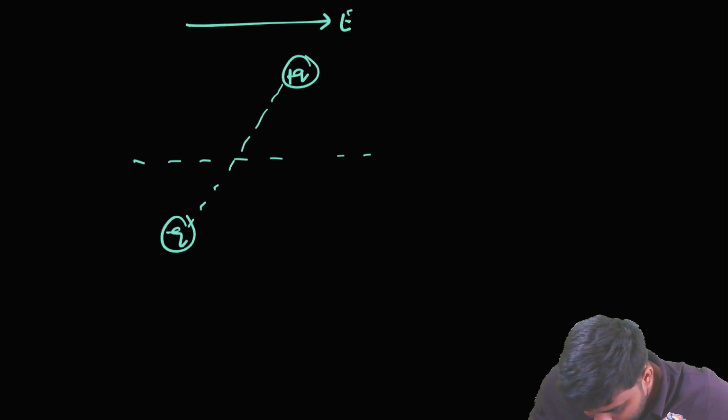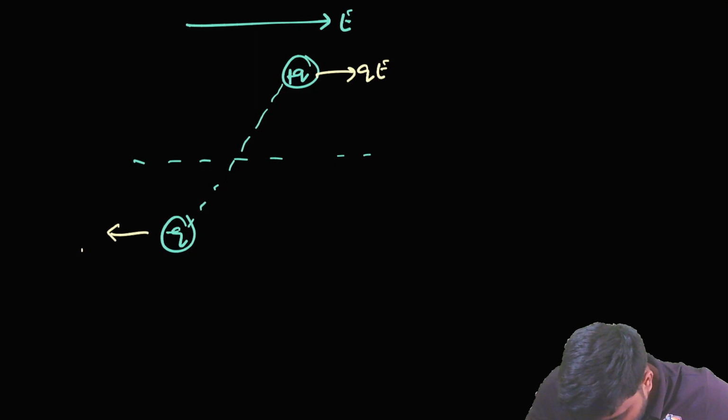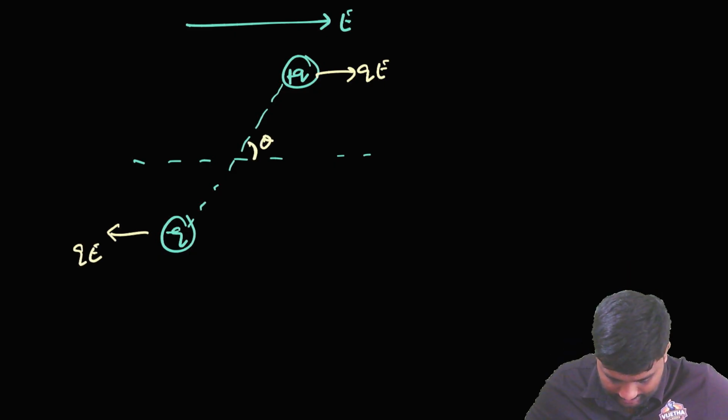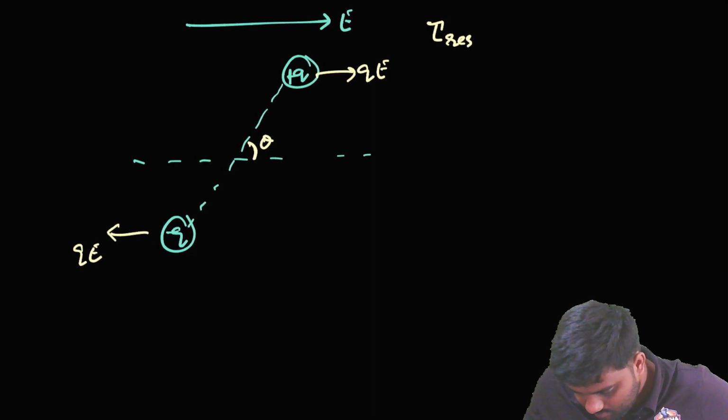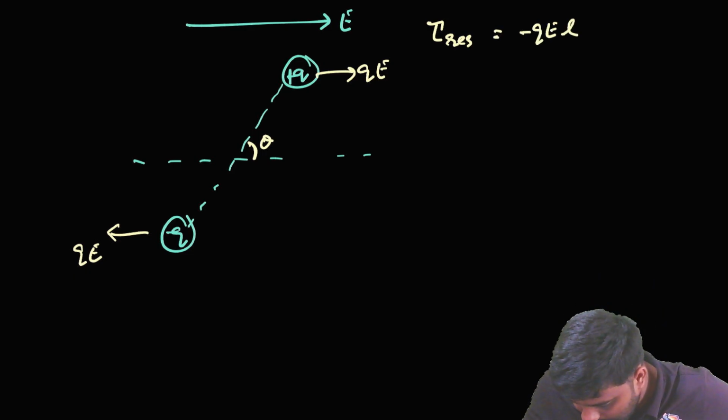This is the electric field. So here it is coming out to be QE. Here it is coming out to be what? QE. It is rotated by some small angle theta. That means here the restoring force is equal to minus QE 2L sin theta.